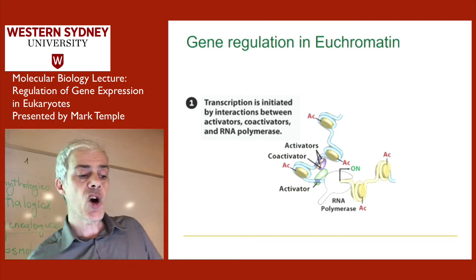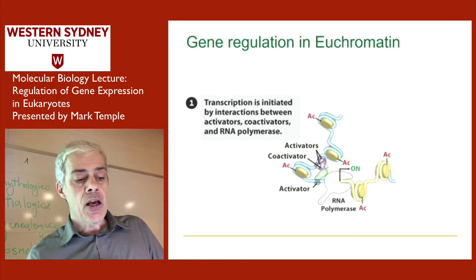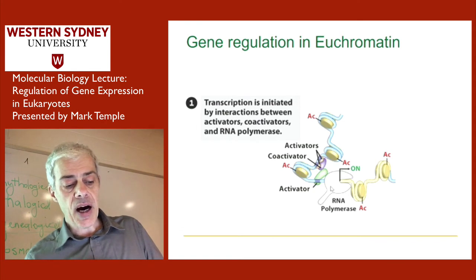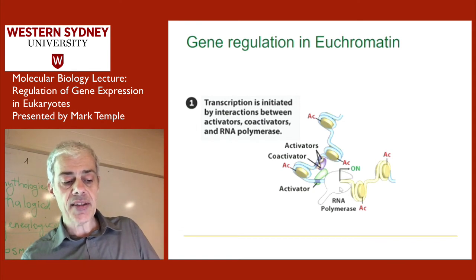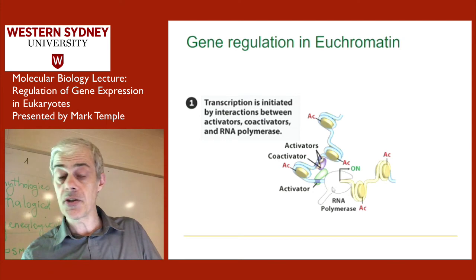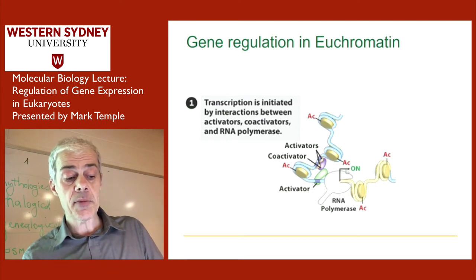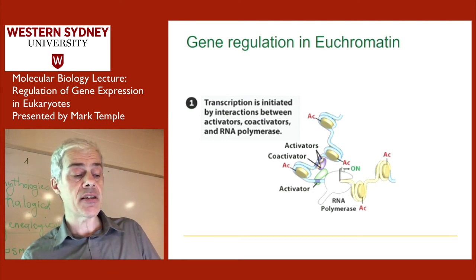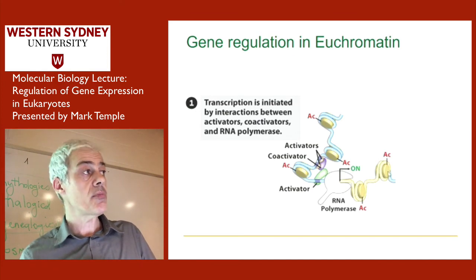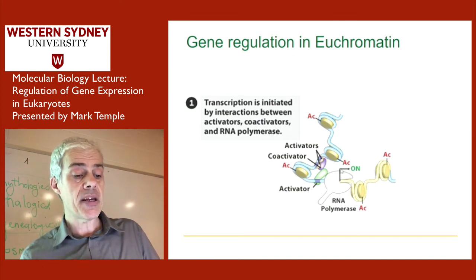Whilst it's open, the RNA polymerase has been able to get access to the gene. Again, this bendy arrow indicates the start of transcription, and the "on" indicates that the gene is on, so it's being transcribed.